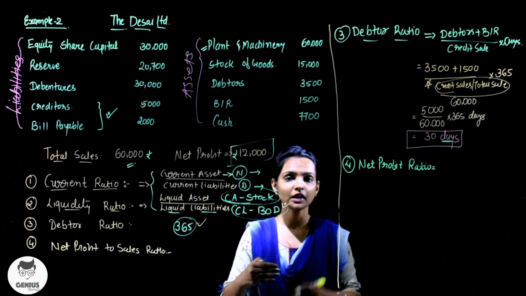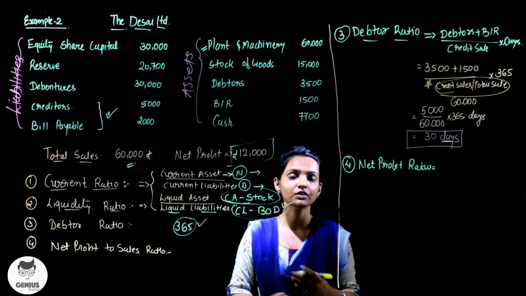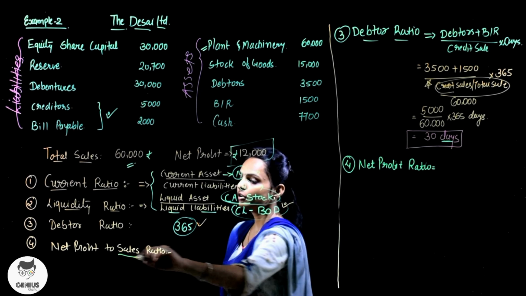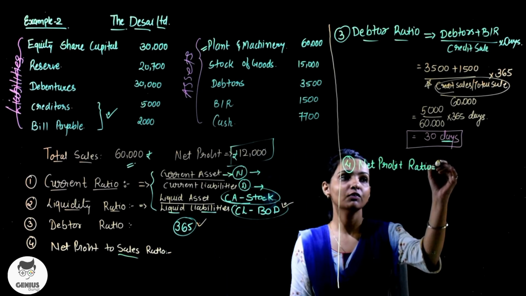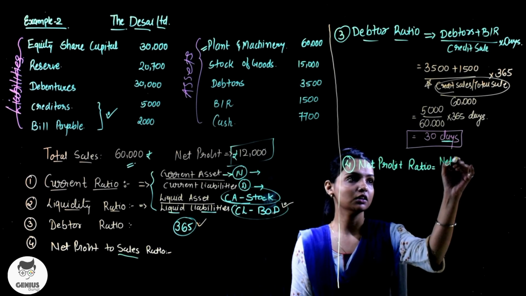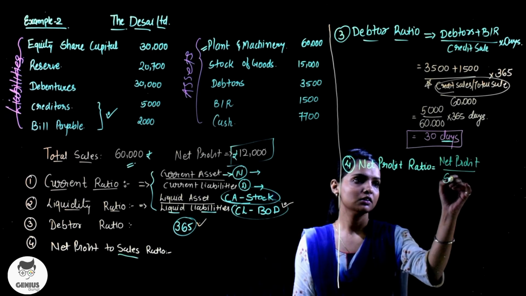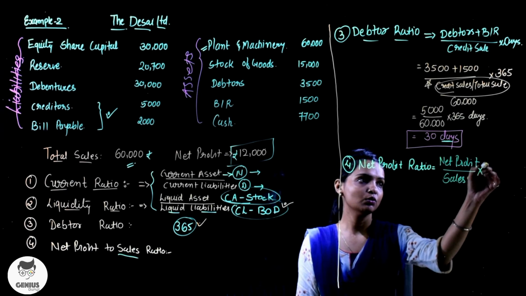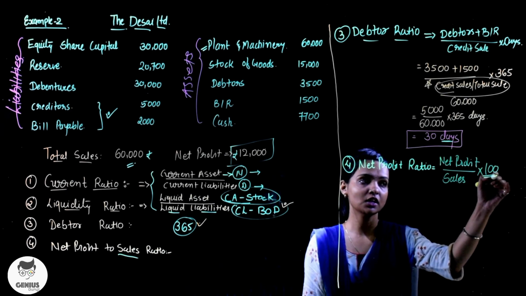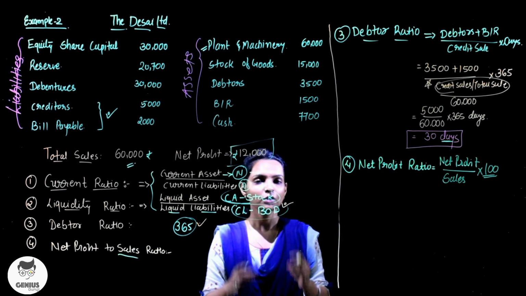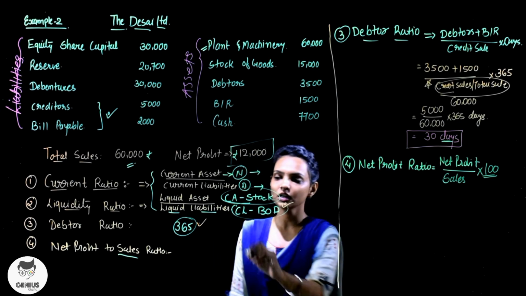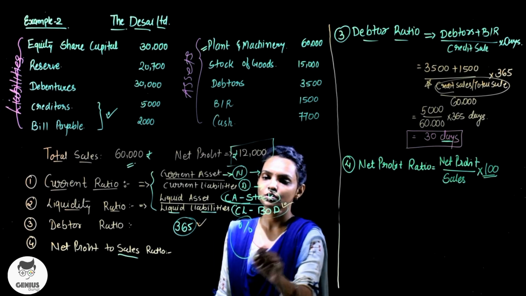You are comparing your profit, your earning capacity, with respect to sale. So we will put it as net profit divided by sales into 100. Again I am saying why I am using 100: because my answer will be in percentage.